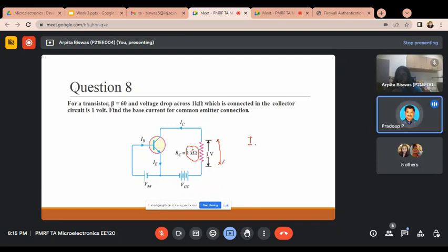It's a simple calculation, madam. Voltage by resistance will give IC. So IC is 1 volt by 1 kilo ohm, so this value is 1 milliampere. And IB is 1 milliampere by 60. Beta is given as IC by IB.